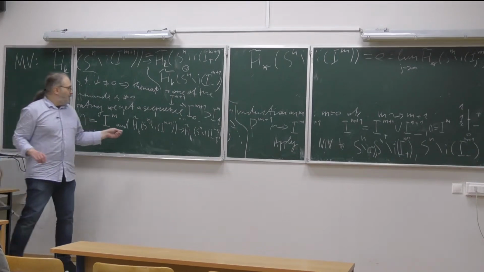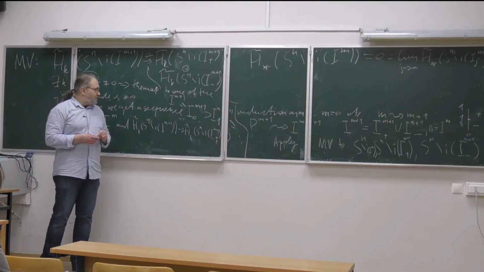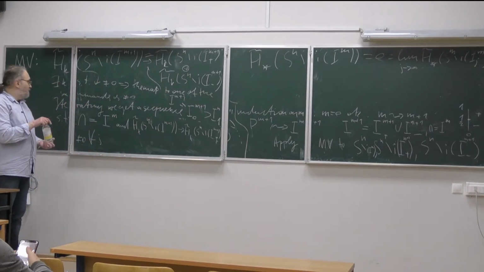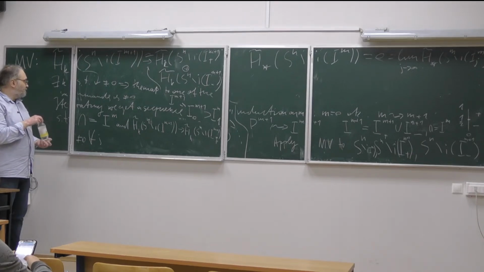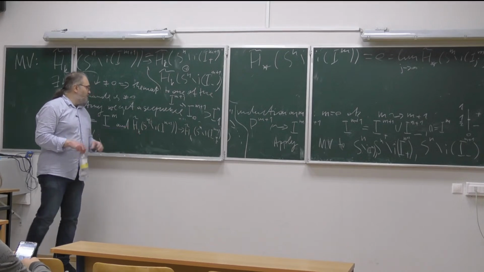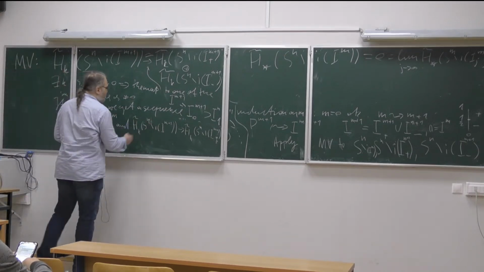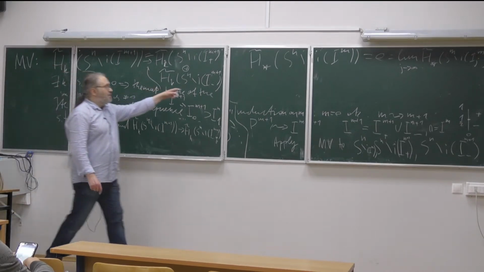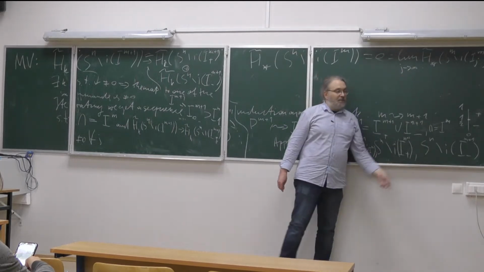So if I have an element in this group which is non-zero, then it maps to zero here, and why?